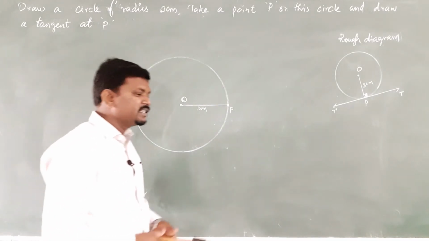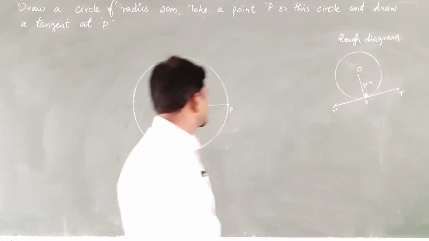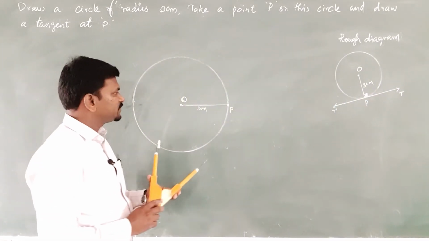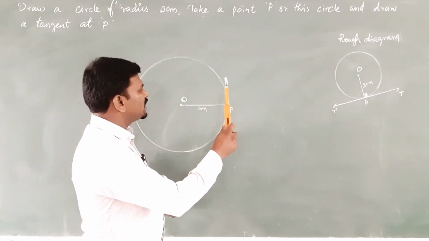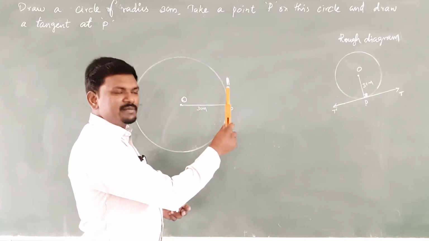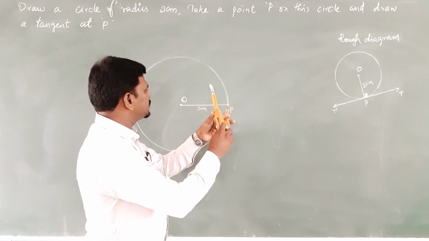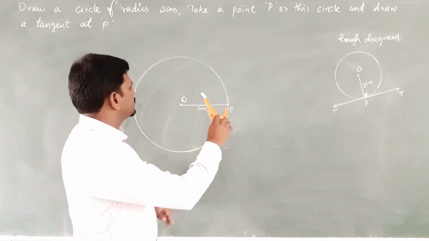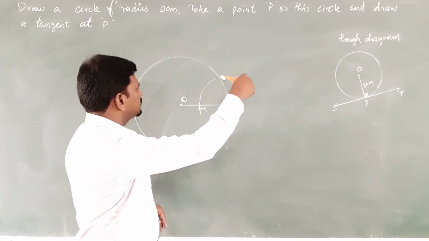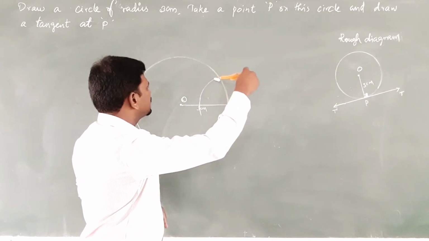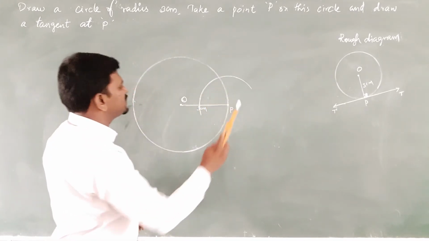Okay. Then see here, the next step is the key thing in this diagram. What am I going to do? Take any measurement in this circle, it is not necessary to take a fixed measurement. See here what I am going to do, I am drawing something like a semicircle.